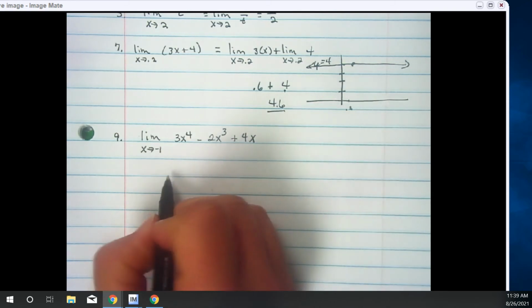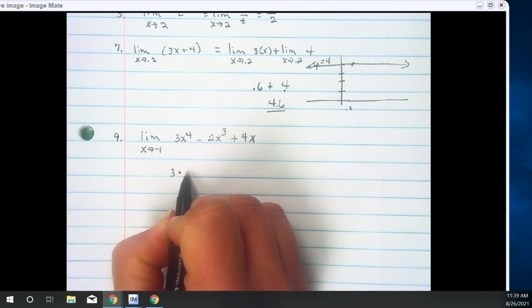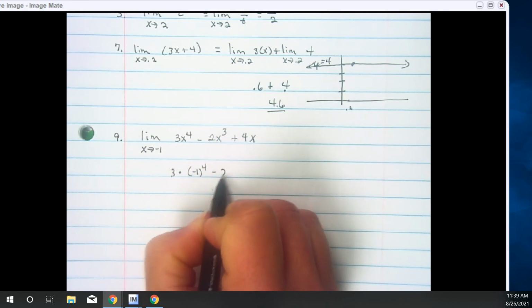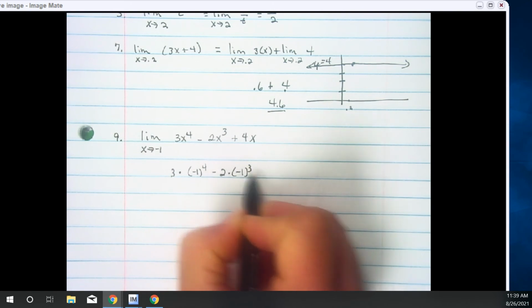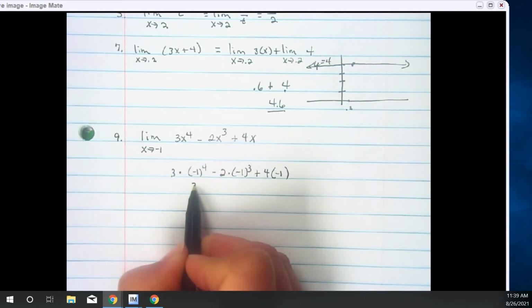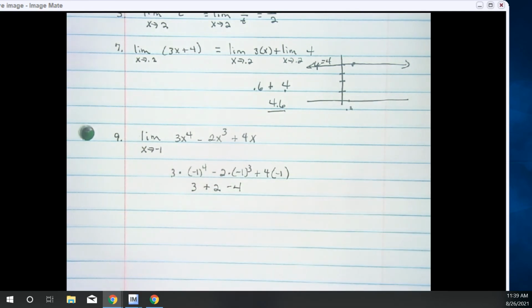Okay, so you're going to break it apart. 3 times your -1 to the 4th, minus 2 times the -1 to the 3rd, plus 4 times -1. This is 3 plus 2 minus 4.